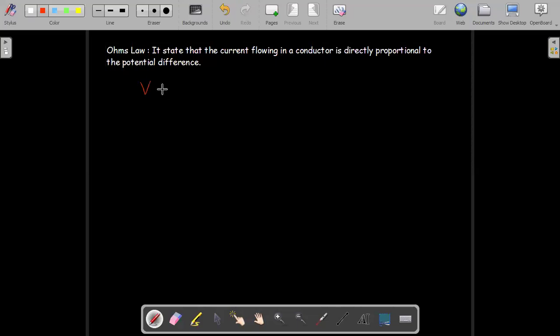We can relate this as V proportional to I, given the physical conditions remaining the same.